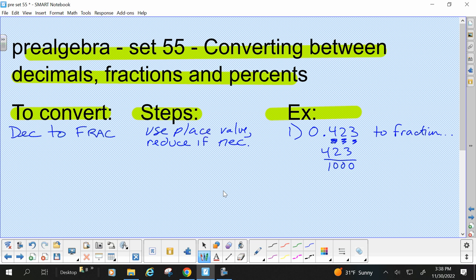After that, I would see if I could reduce that. Now, the factors of 1,000 are 2 and 5. I know 2 doesn't go into 423, and 5 doesn't go into 423. So in this case, I can't reduce it. I would say I'm done. So far, so good. Moving on to the next example.